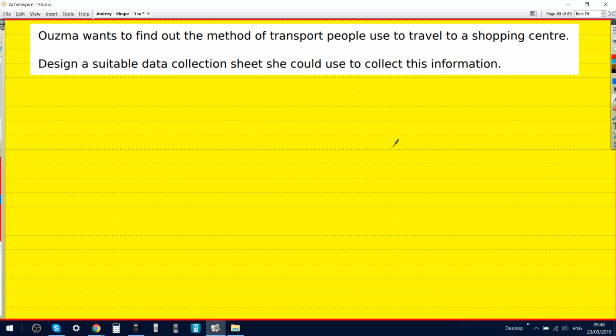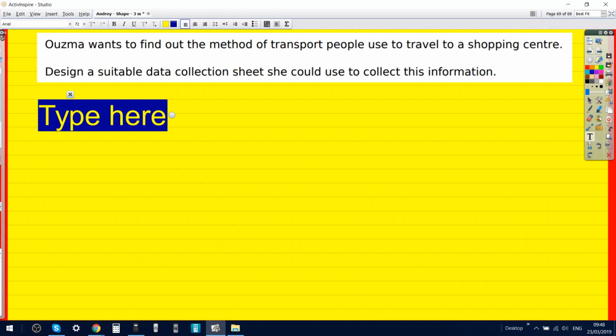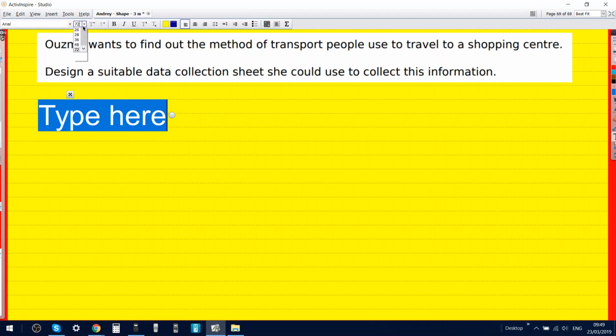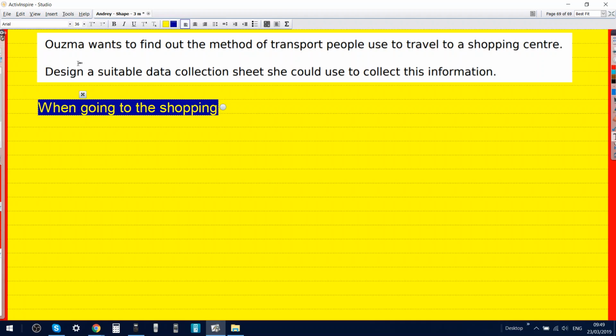The question would be like, when going to the shopping centre, what method of transport do you use most frequently? Okay. And anything else you do? And then you need to put out the answers and stuff. What answers could you do?